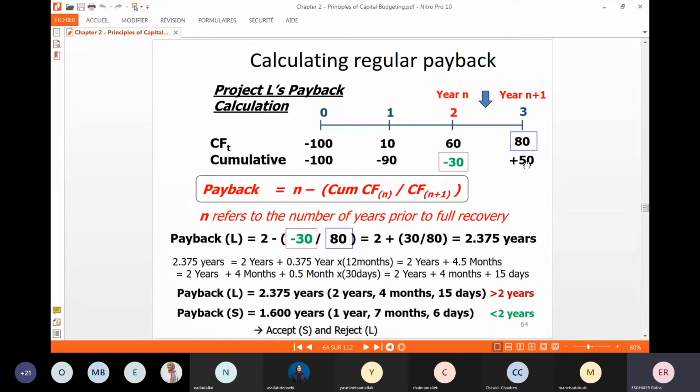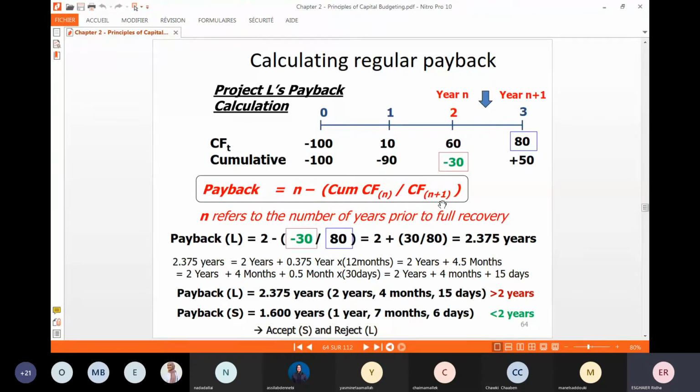To compute the payback directly, either you use the linear interpolation or this formula that comes from the linear interpolation: n minus cumulative n, very important, n minus cumulative n over cash flow n plus 1, not cumulative cash flow. Cash flow of n plus 1.